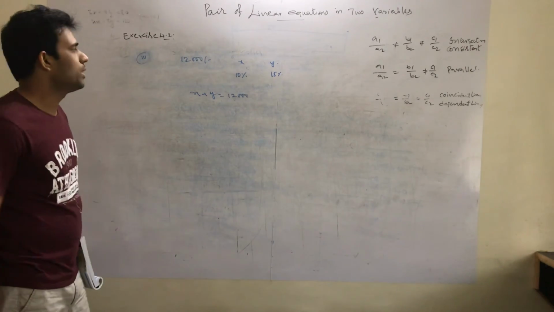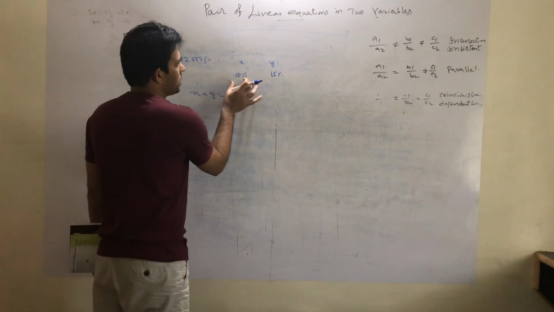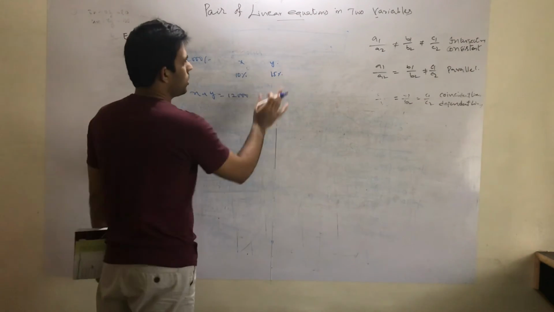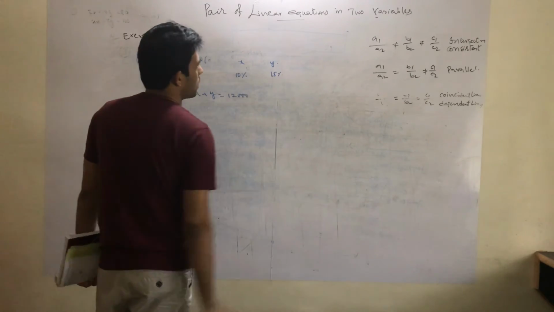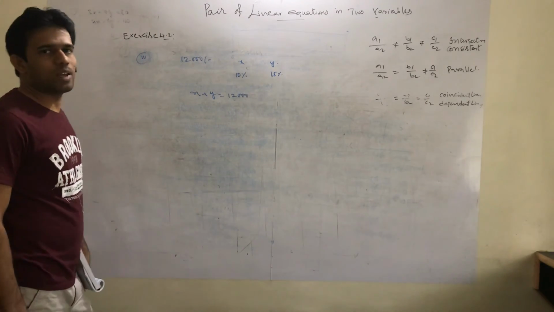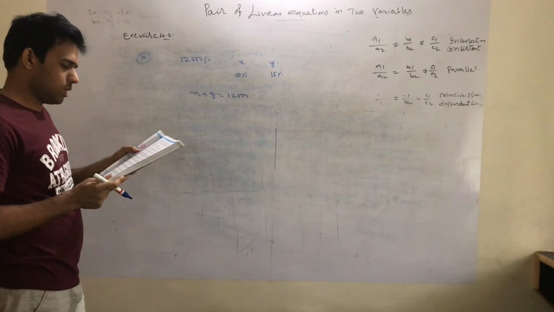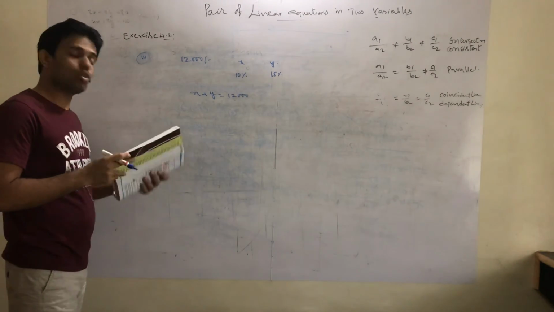That's the total amount. Now what he is doing is with 10% interest he is investing x amount, and with 15% interest he is investing y amount to get 12% on the total amount.